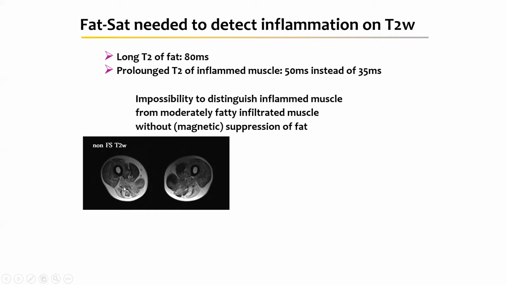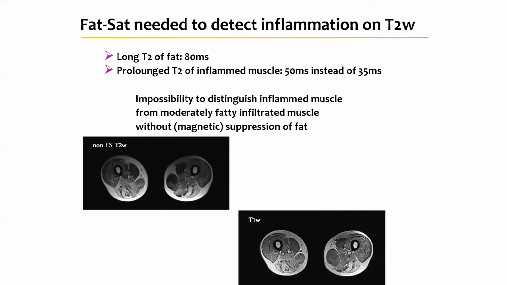It could be signs of an increase in water T2, inflammation, edema, lesions. It can also simply be fat infiltration. Of course, if you look at your T1 weighted images, you can see that obviously there's a fatty replacement component. Is it more?